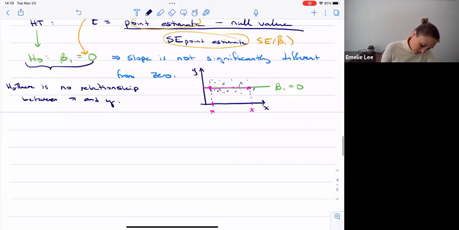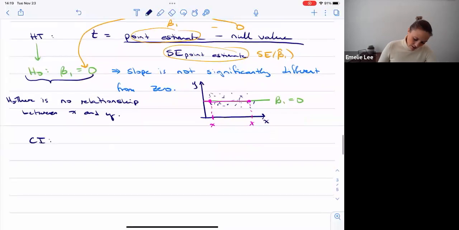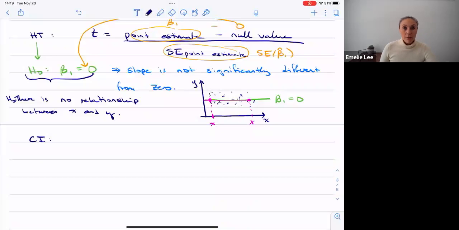We could also do a confidence interval for the slope, and usually it's included in the output. A lot of output will include the p-value for the test statistic or for the t-test, as well as a confidence interval, or you can just ask for it.